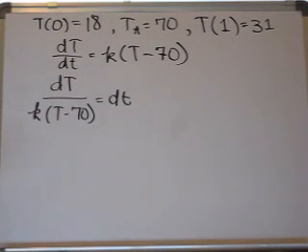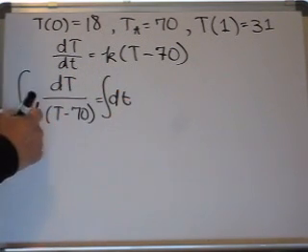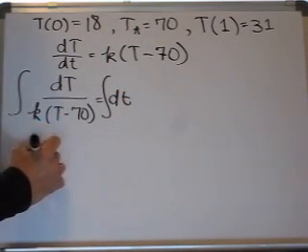This can also be solved by looking at it as a first order linear differential equation with capital T as a function of little t. If I integrate both sides, on the left-hand side, the 1 over k is a constant, so that comes out.